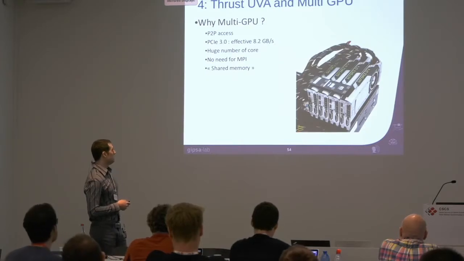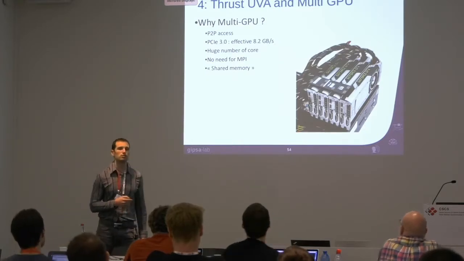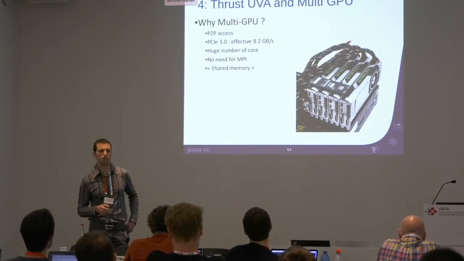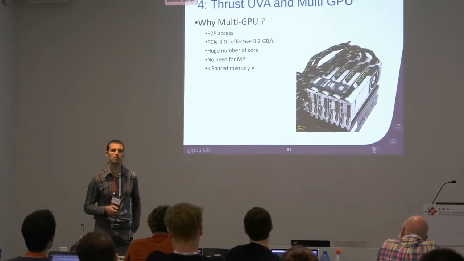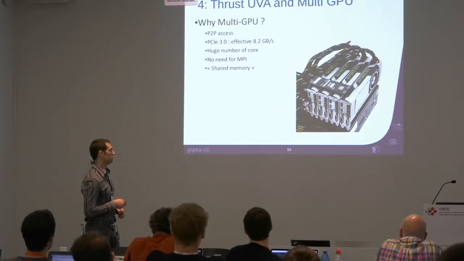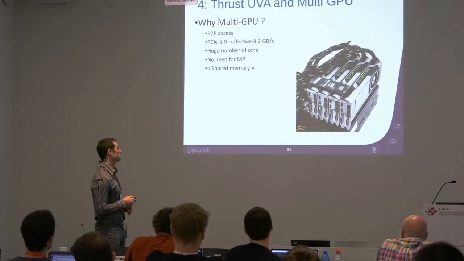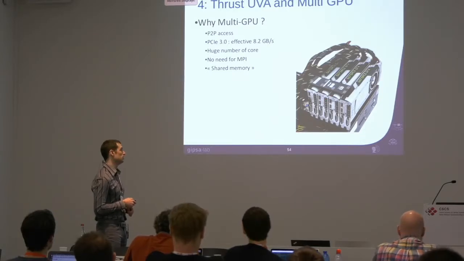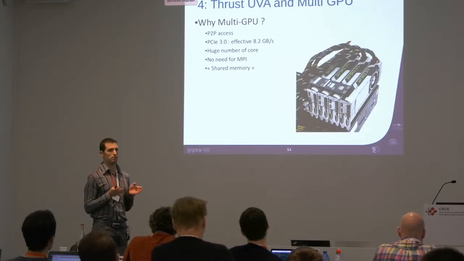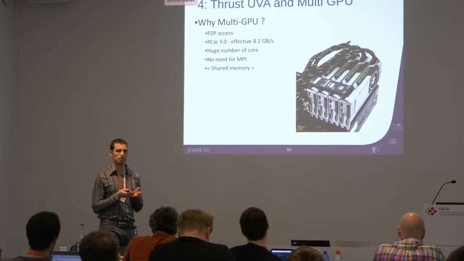Okay, this is actually a good question: why does Thrust not handle that for you? Because there are actually multiple kinds of multi-GPU. Multiple GPUs on a single node, for instance, can use a very different communication pattern depending on the PCI network configuration.